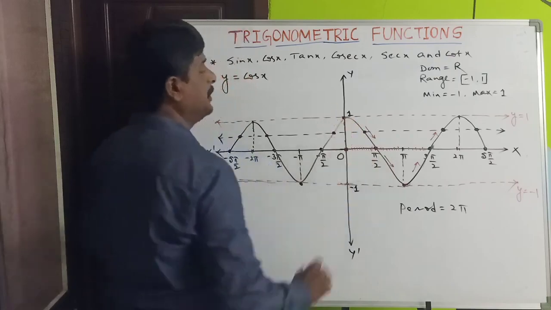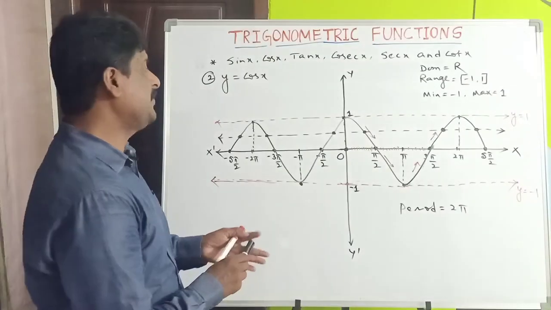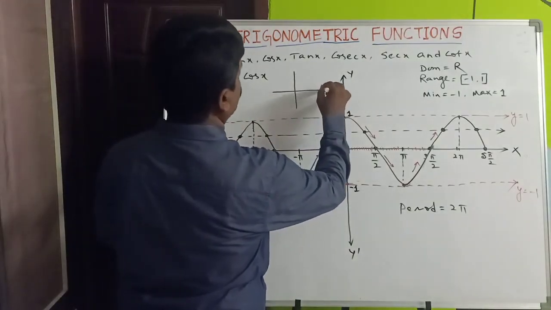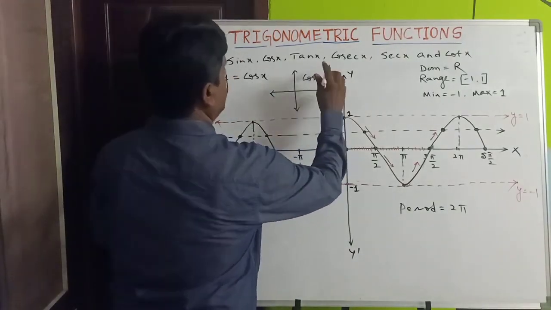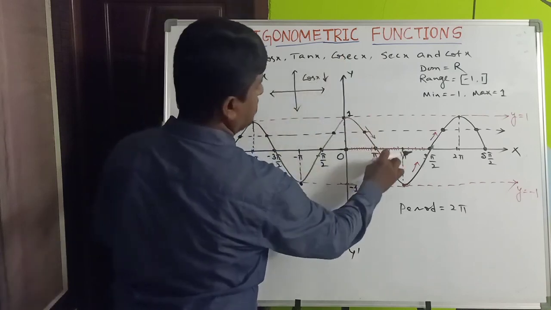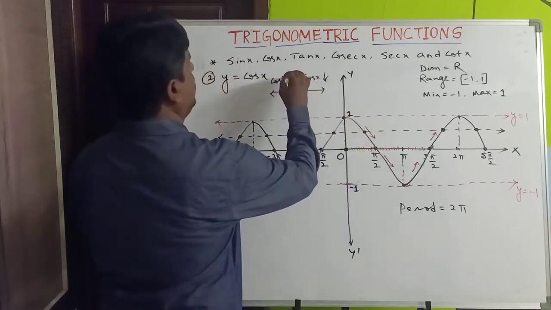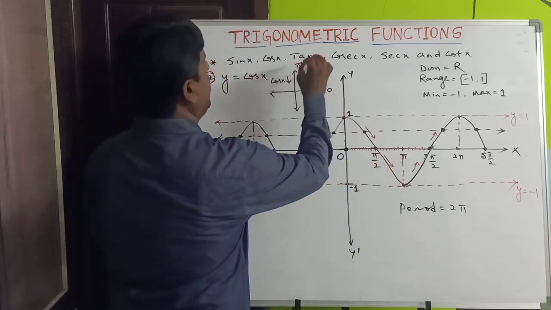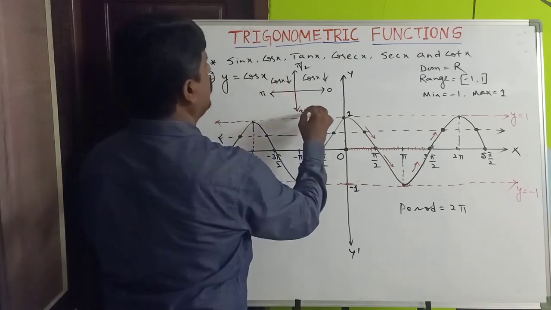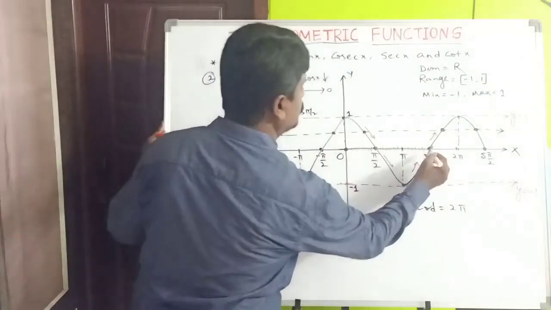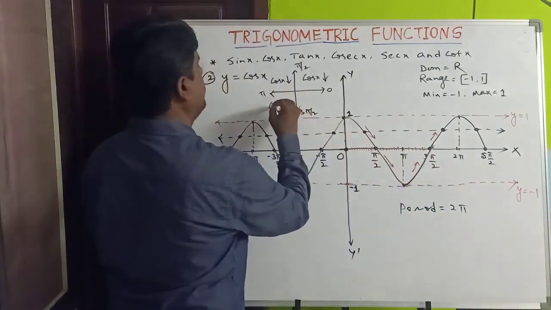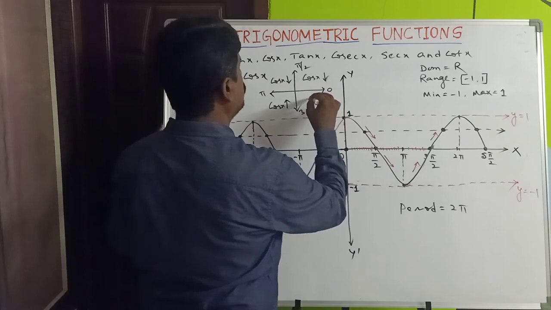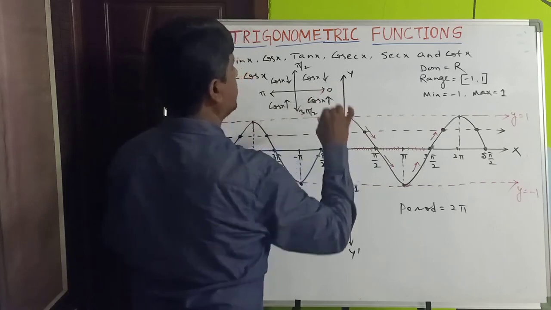So 0 to pi by 2 is the first quadrant. In the first quadrant, cos x is decreasing. In the second quadrant, cos x is decreasing. Second quadrant means pi by 2 to pi. Third quadrant means pi to 3 pi by 2. What will be the nature? It is increasing. 3 pi by 2 to 2 pi, fourth quadrant, cos x is increasing.